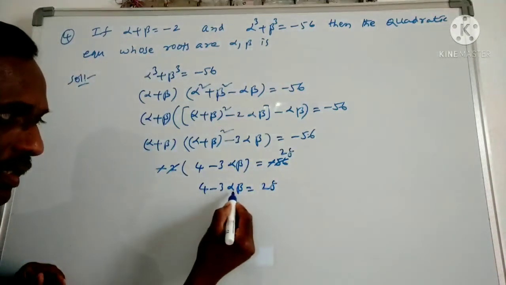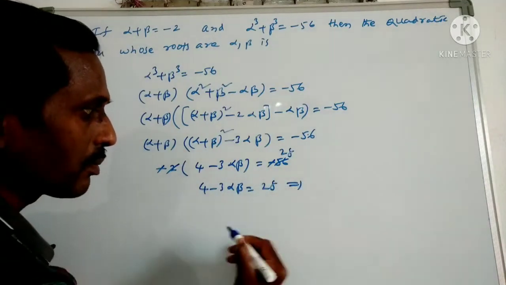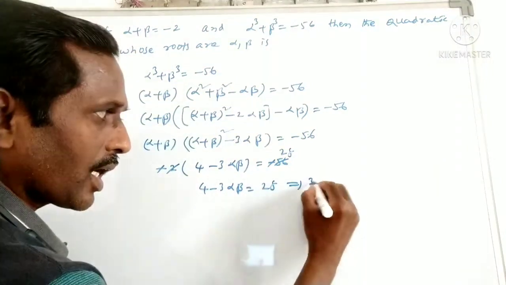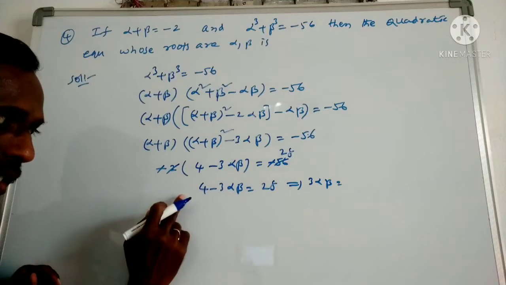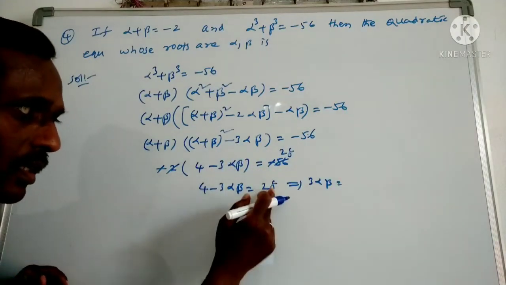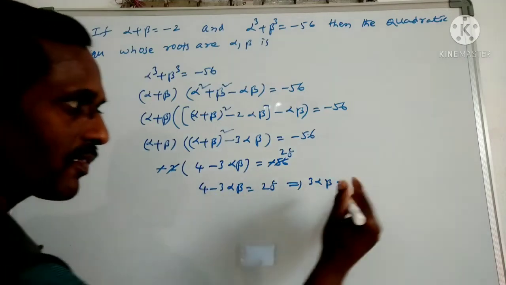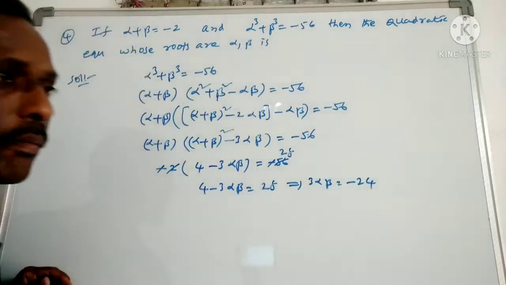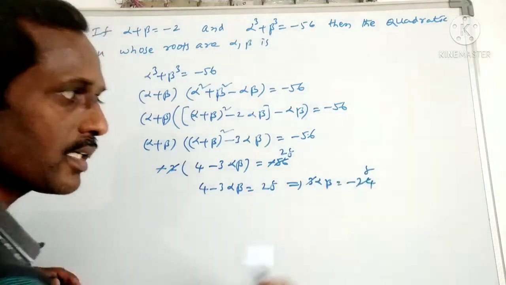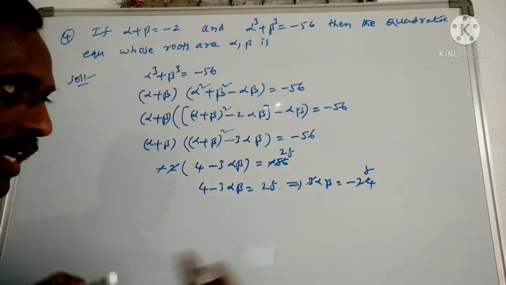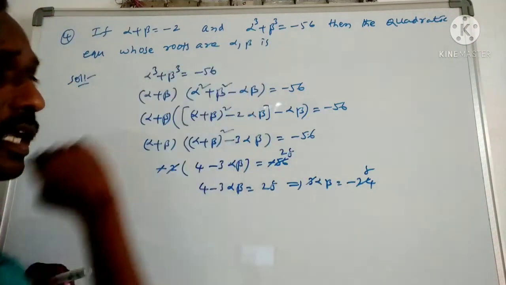And then you have to find the alpha beta value. The negative is taken to the other side, so we have 3 alpha beta, which equals 4 minus 28, which is -24. So once again, 3 ones are 3, 8 times we can cancel. Now what is the value of alpha beta? -8.